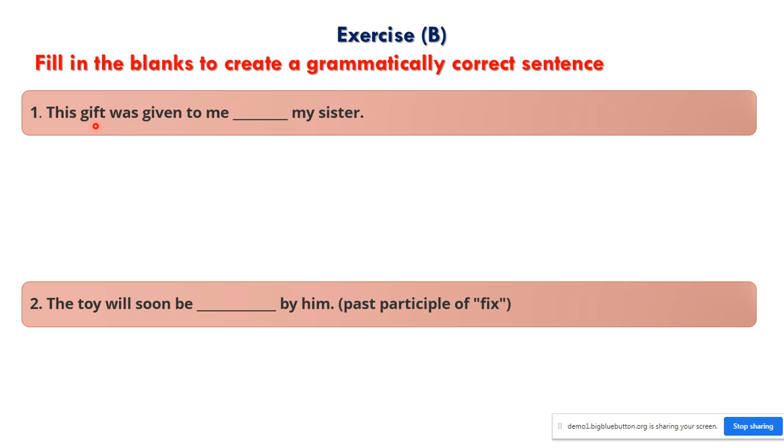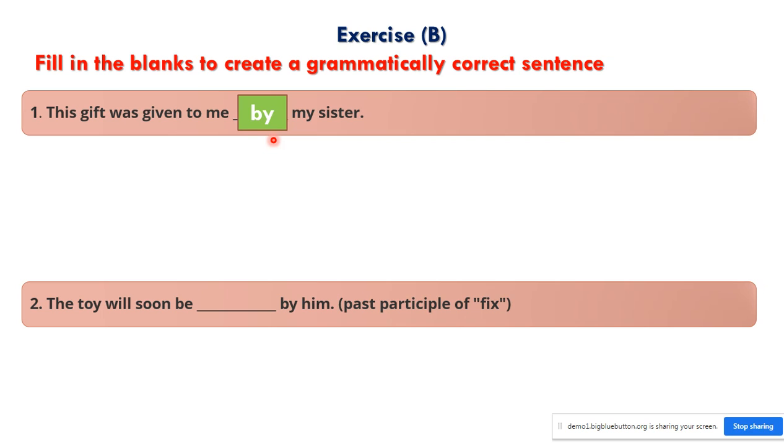This means that gift here is a recipient, and my sister here is the one performing the action of giving. As you know, the word by must come before the object in a passive voice. We are missing the by phrase, so the missing word is by. This gift was given to me by my sister.